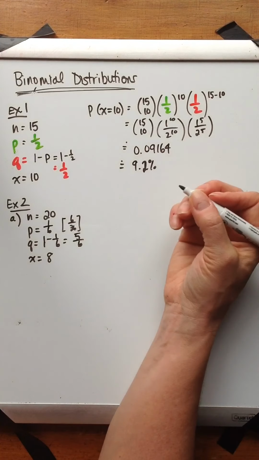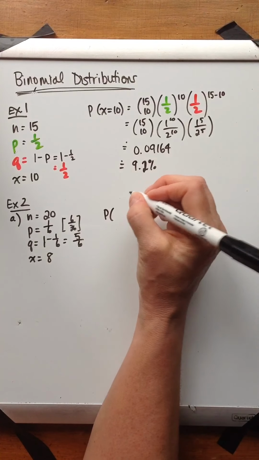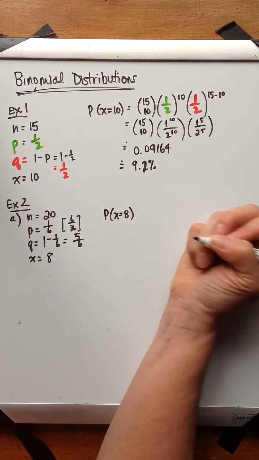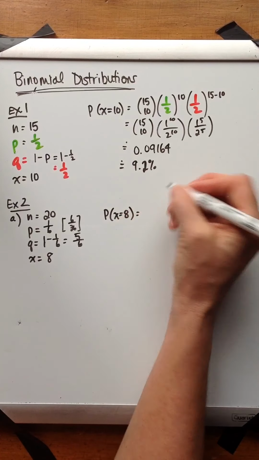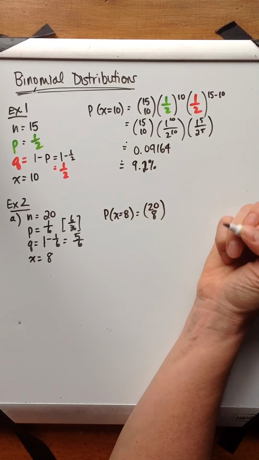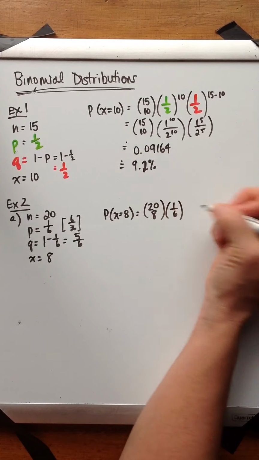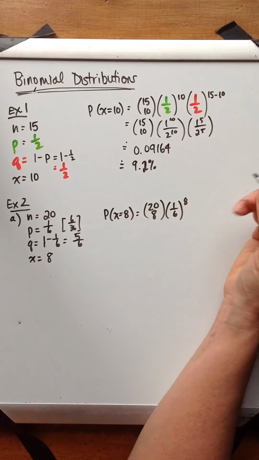All right, let's put it into the probability formula. So the probability of getting 8 successful rolls, where the sum was 7, is equal to 20 trials, choose 8 successes. Our probability of success, which is 1/6, raised to the number of successes we have, which is 8.